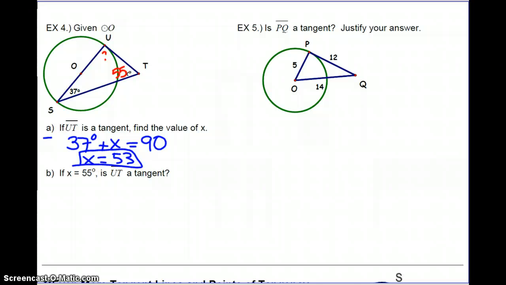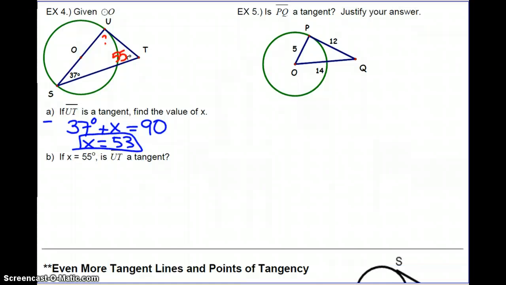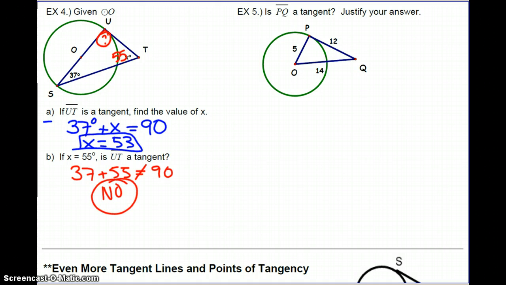If UT is truly a tangent and it does form a right angle, 37 and 55 should add up to 90 because they would be the acute angles, and acute angles in a right triangle add to 90. But that's not the case. So because I don't have a right angle right there, UT is not a tangent. It does not form a right angle with my radius.